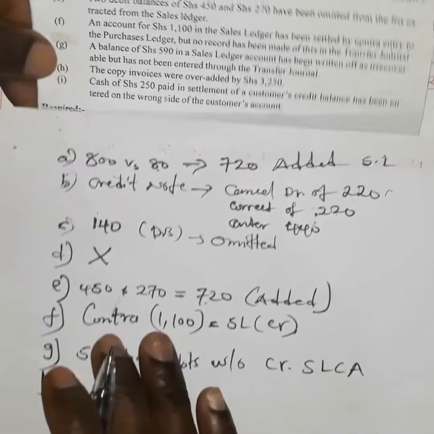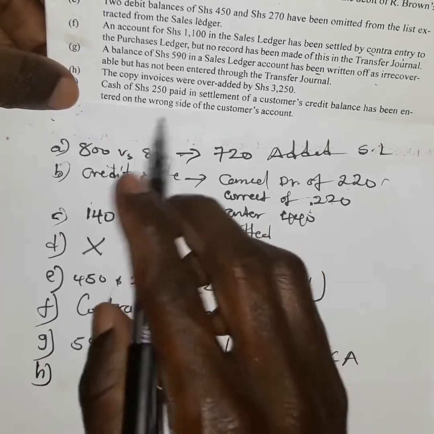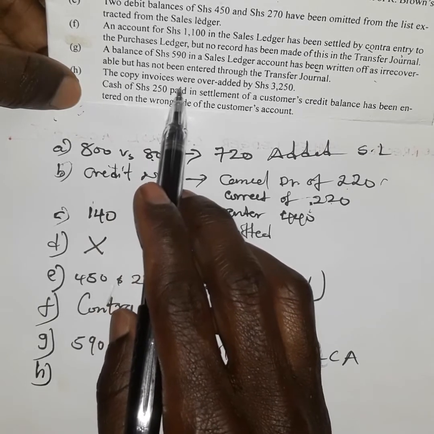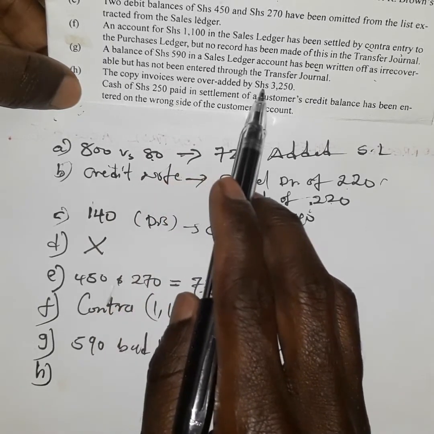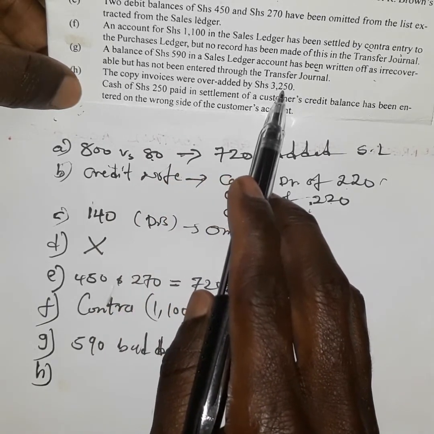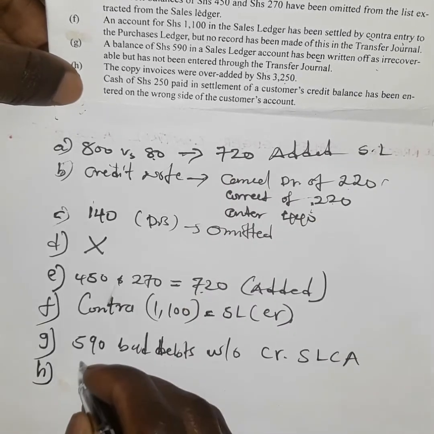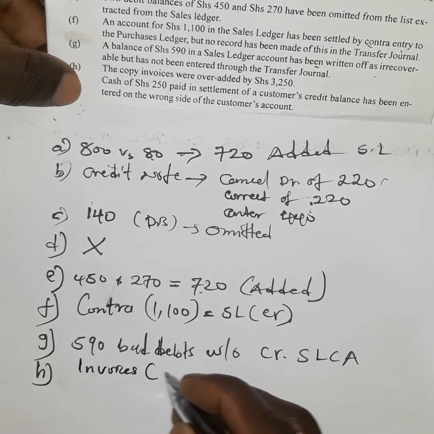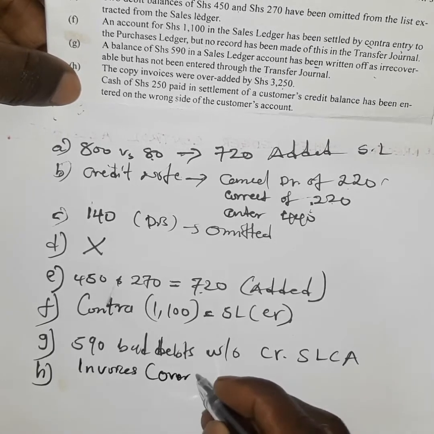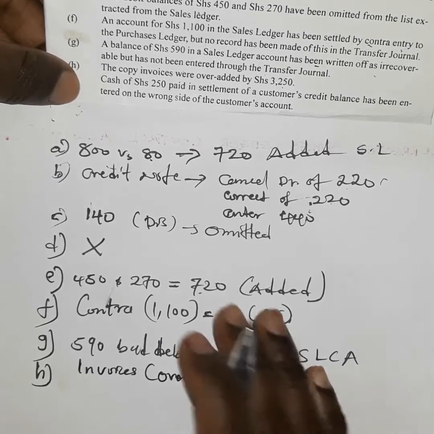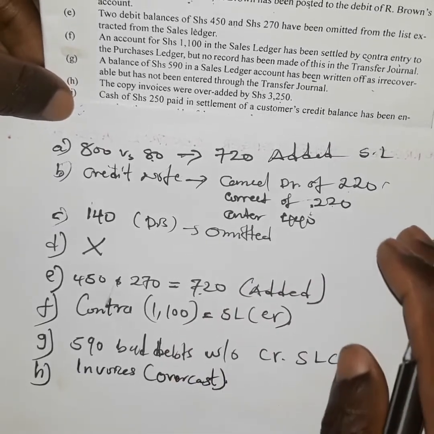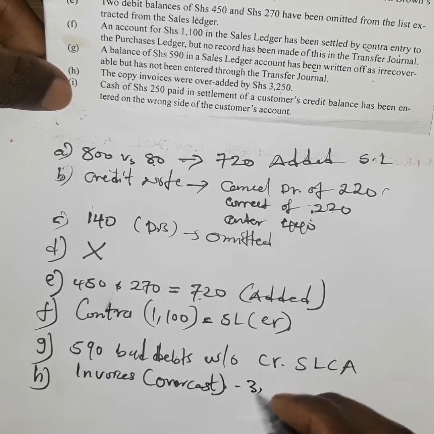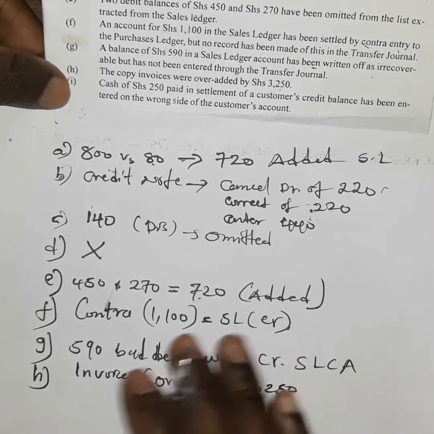Then we go to H, and H says the copy invoices were over added by 3,250. Now we are supposed to have a limit of invoices overcast. To overcast means to state a higher amount than what is supposed to be, and the amount was 350,000.